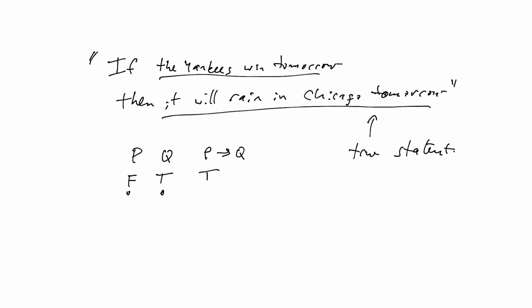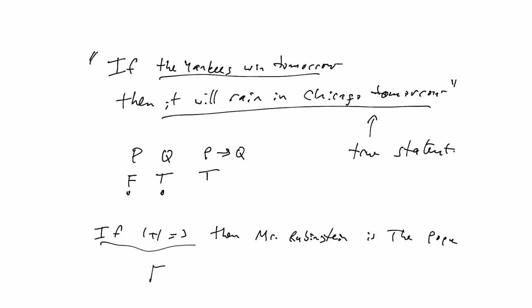It also lets us say nonsensical things like if 1 + 1 = 3, then Mr. Rubenstein is the Pope, because this is false and because this is false.